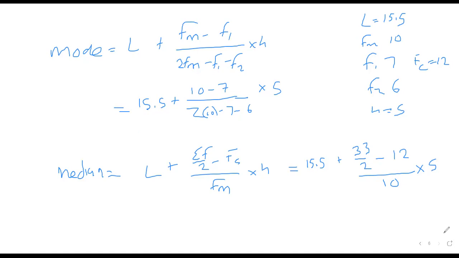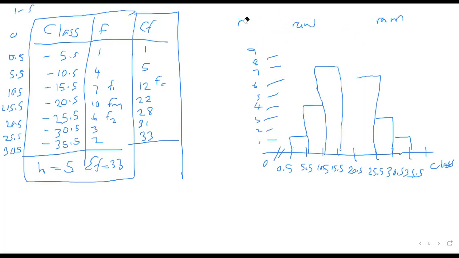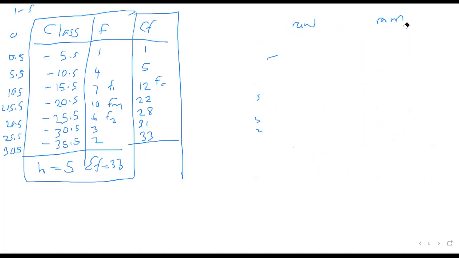So lastly, how to find the mean and how to find the variance. You extend this table here. Let me create some space here. Those are the formulas you use to calculate the median and the mode under group data.